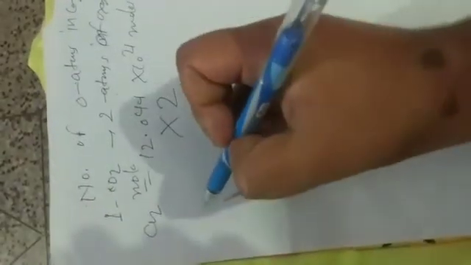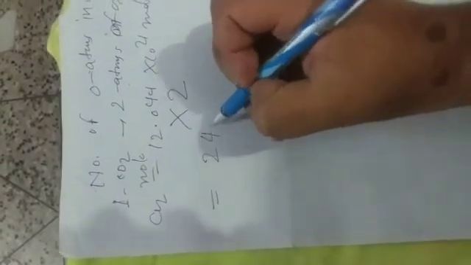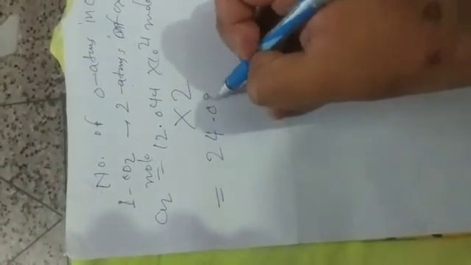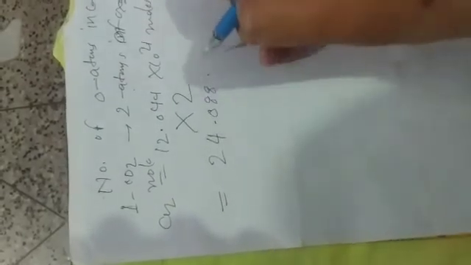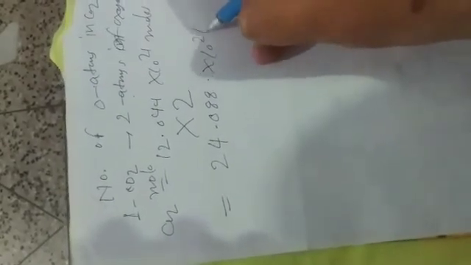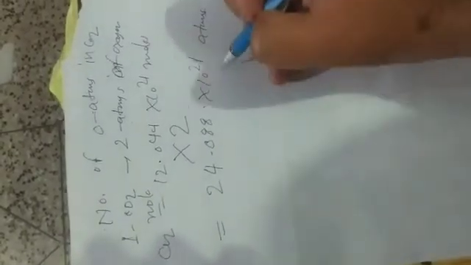In one CO2 molecule, 2 atoms of oxygen are present, so this value is multiplied by 2. So the number of oxygen atoms is equal to 24.088 × 10^21 atoms of oxygen. This is your answer.